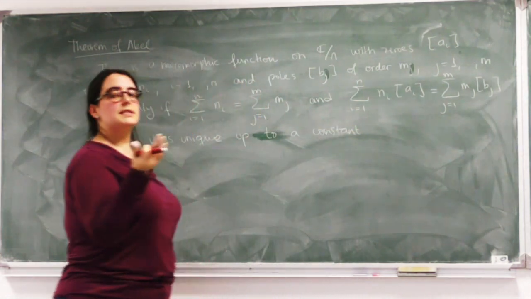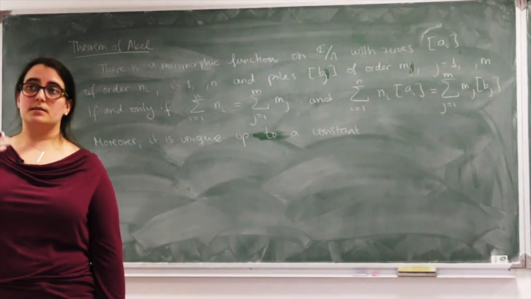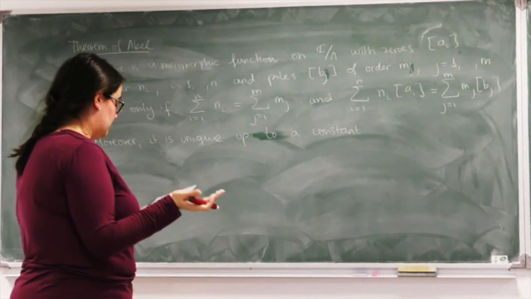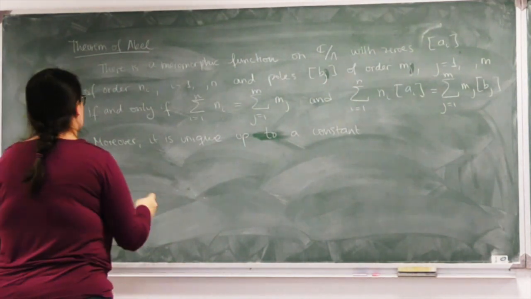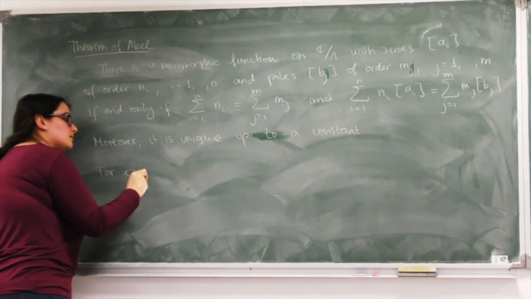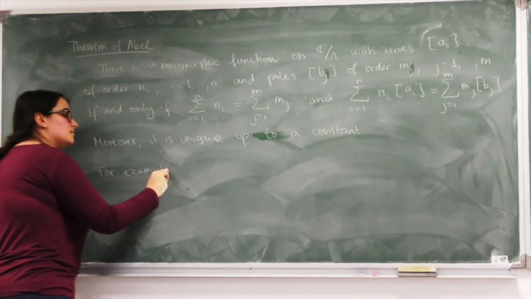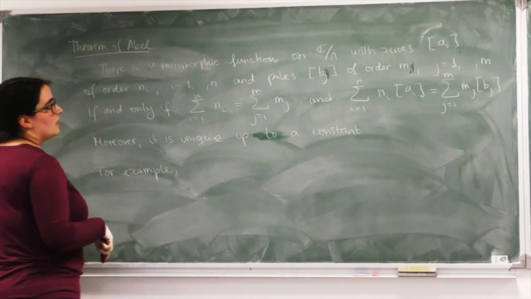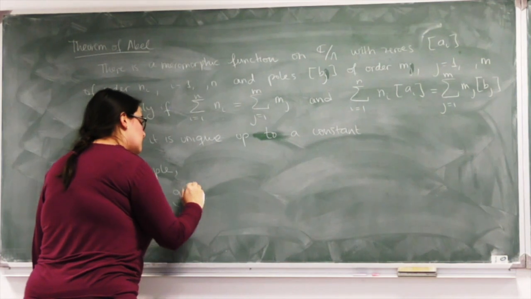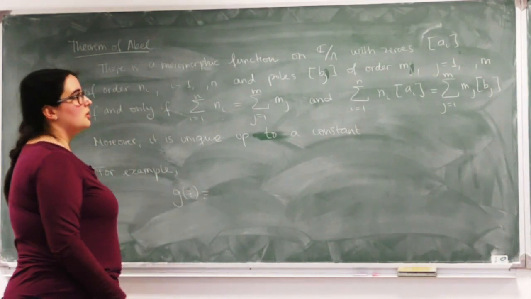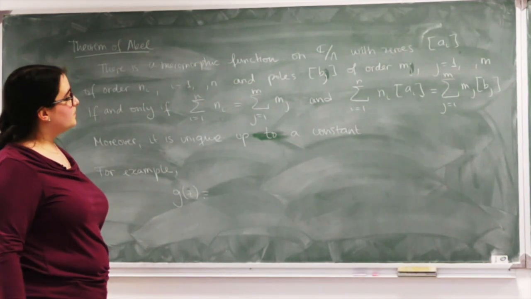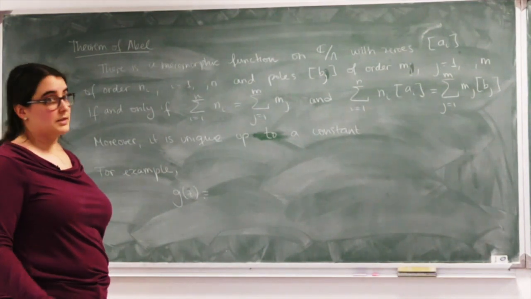So what that means is that if we are able to come up with such a function, then we have found it up to a constant multiplying in front. So for example, what can we take now? Well, g of z equal, do we know of any function that has a 0 in a particular place?